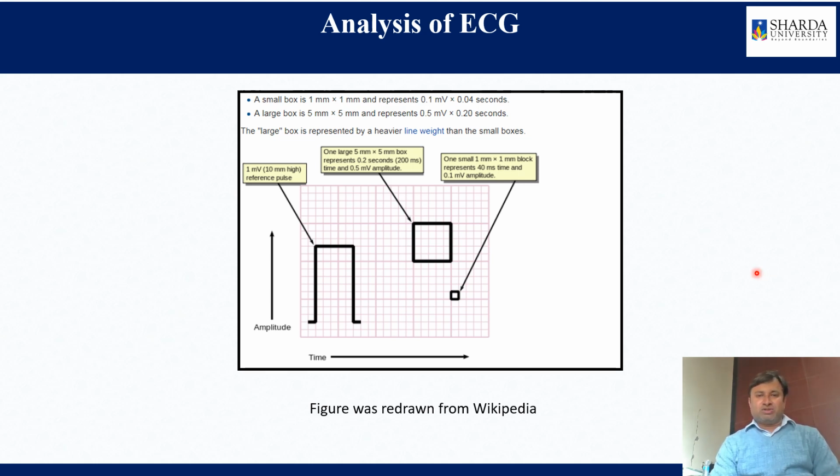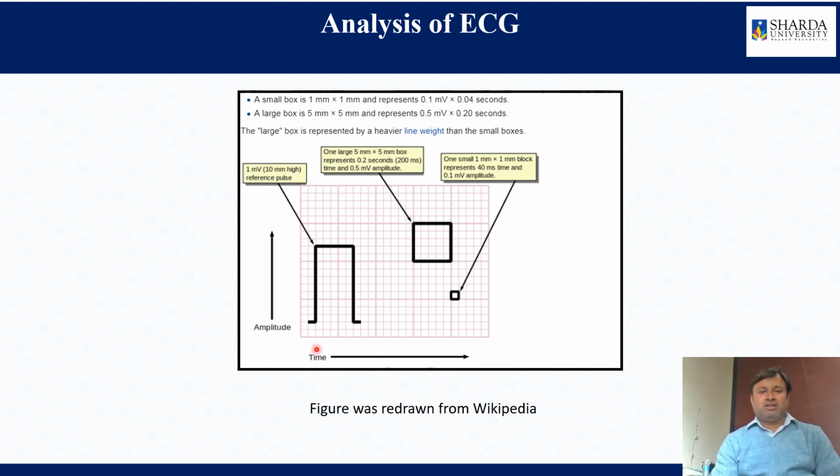If we analyze the electrocardiogram, we can see here the time on the x-axis and amplitude on the y-axis. One square represents 1 millivolt, that means it is a 10 millimeter height reference pulse. A small box of 1 by 1 millimeter represents 0.1 millivolt by 0.04 seconds.